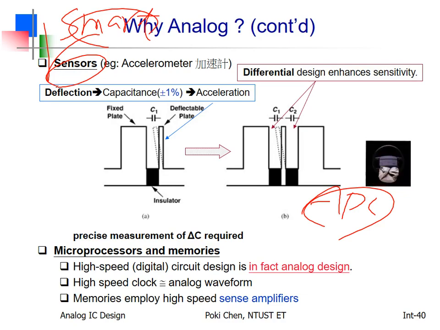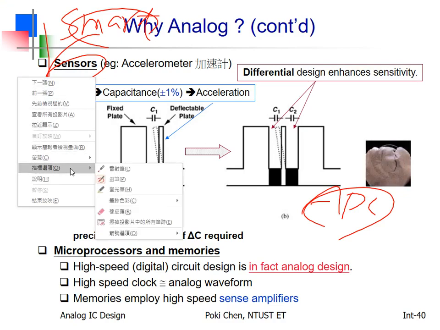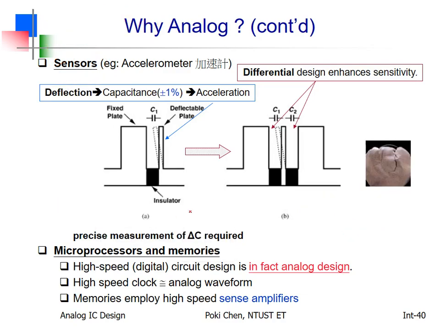Blah blah blah. Anyway, allow me to tell you about some interesting sensors. We call it the accelerometer, acceleration meter. What does it mean? 加速计. What is the usefulness of such a sensor?